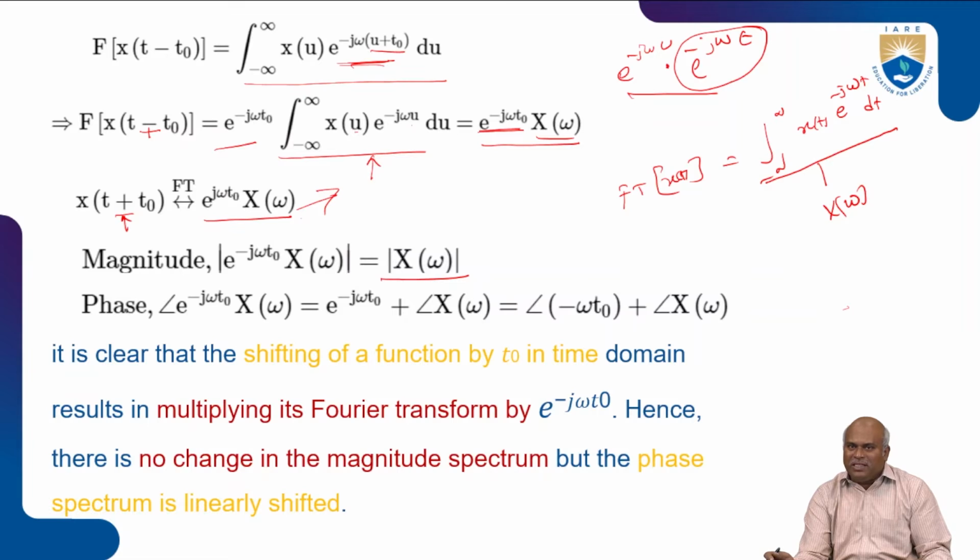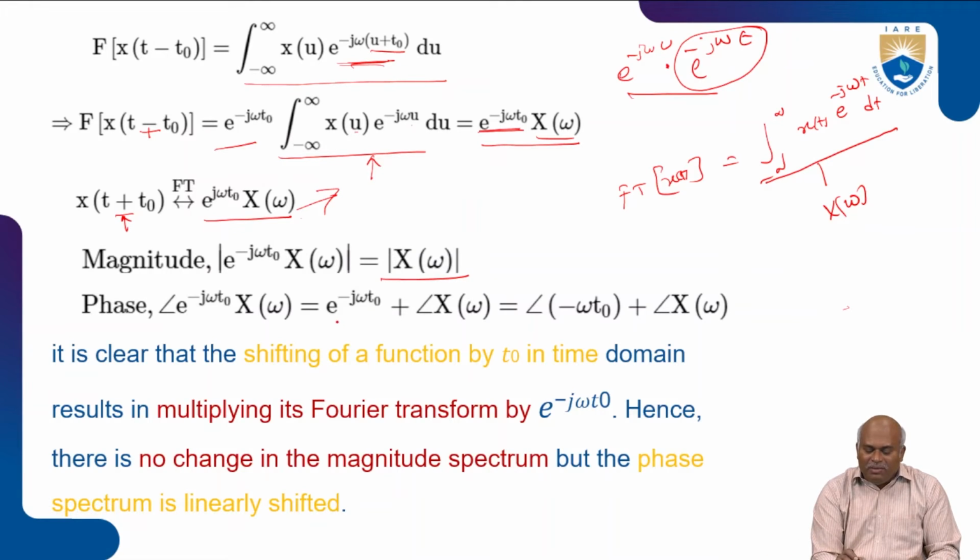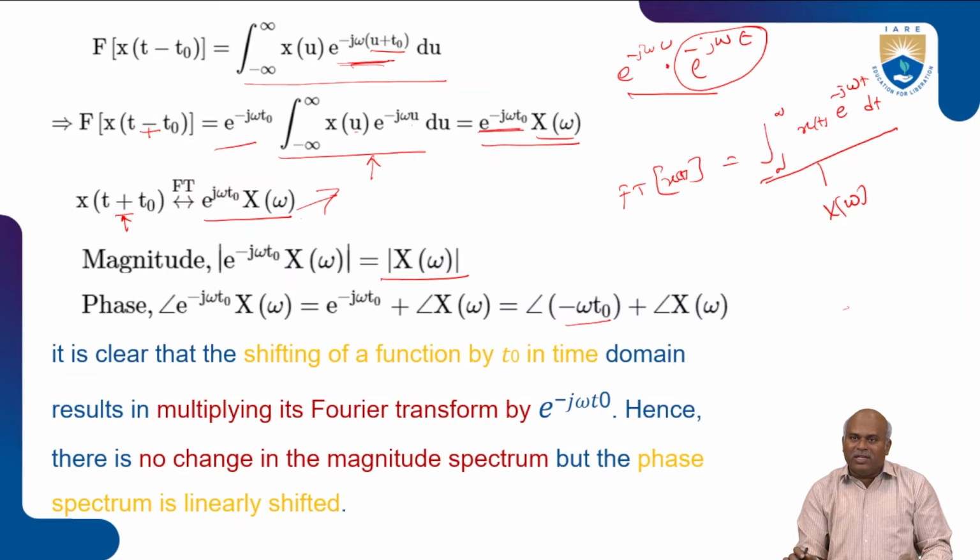The phase response is the angle of e power j omega t0 X of omega, represented as the angle of e power j omega t0 plus the angle of X of omega. The angle of e power j omega t0 depends only on minus omega t0, so I simply write the angle as minus omega t0 plus the angle of X of omega.